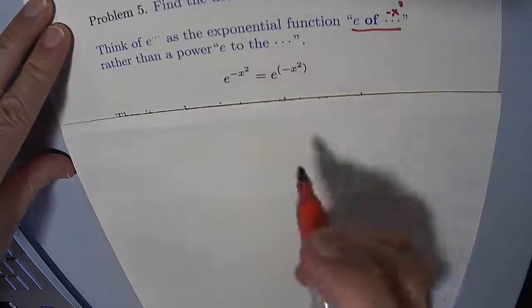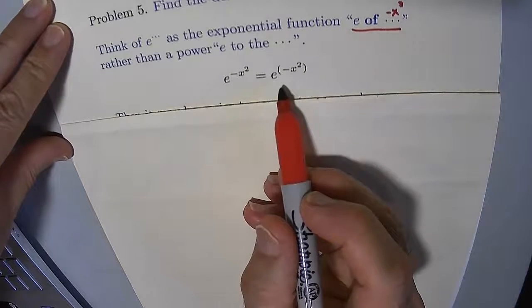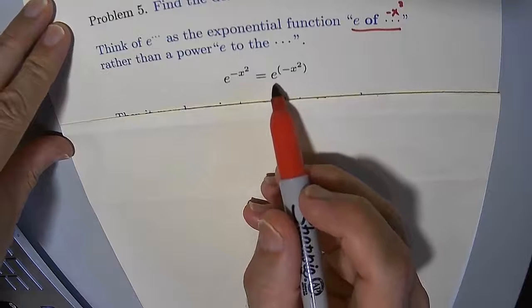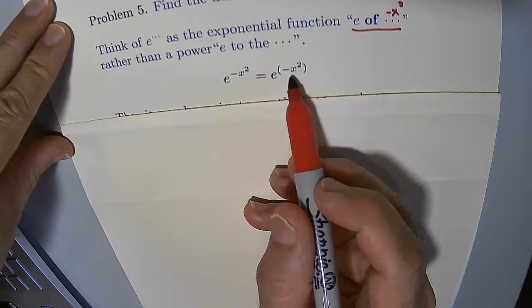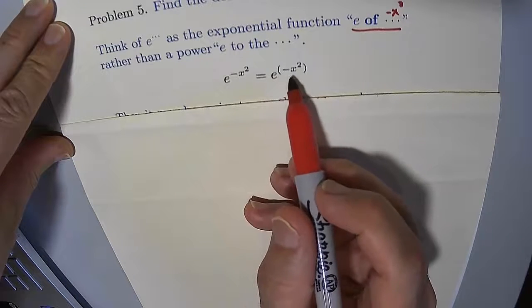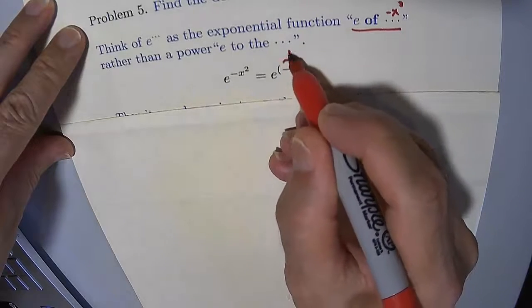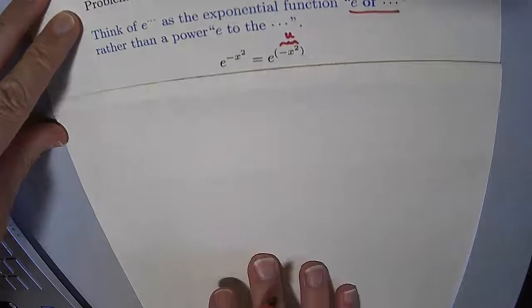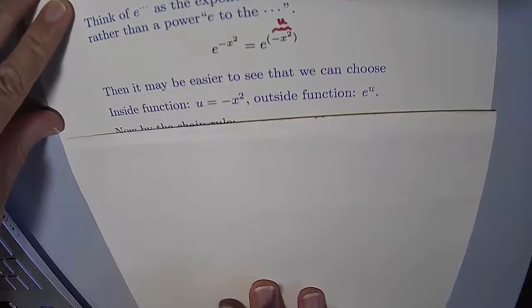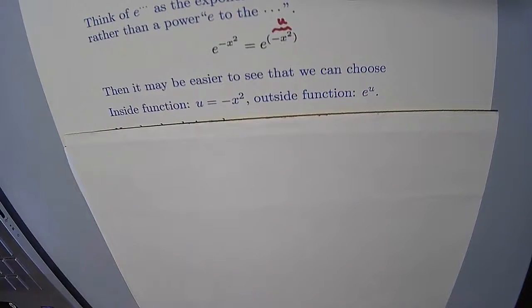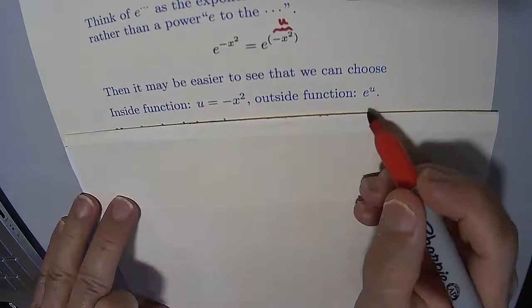Looking at it in that sense, we are looking at f of g of x, or f of u. That tells us that the inside function u must be negative x squared, and the outside function then is just the exponential function e to the u.